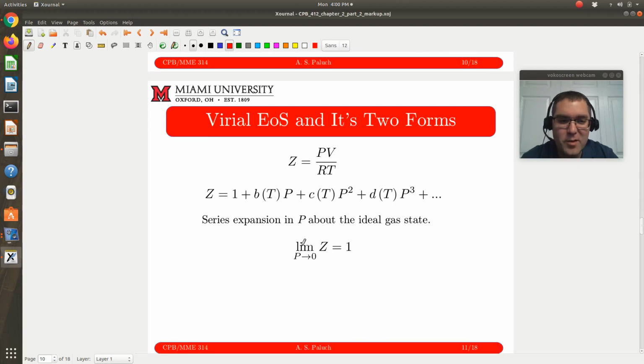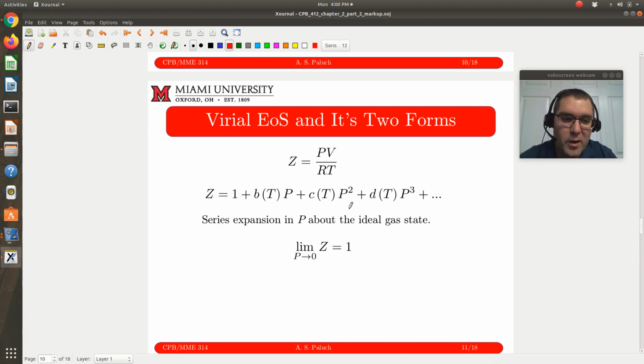The other equation that we'll mention is the virial equation. Its significance is that it's essentially our only theoretically correct equation of state, if you will. You can derive the virial equation using first principles from statistical mechanics.